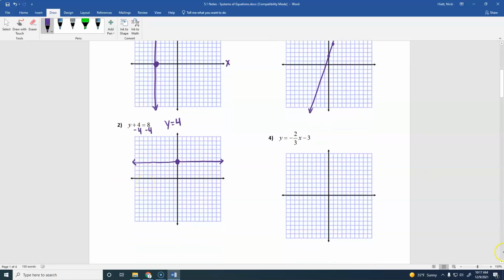And then for 4, you should have a graph that looks like this.